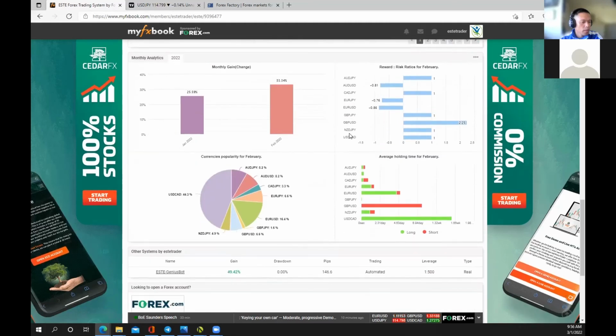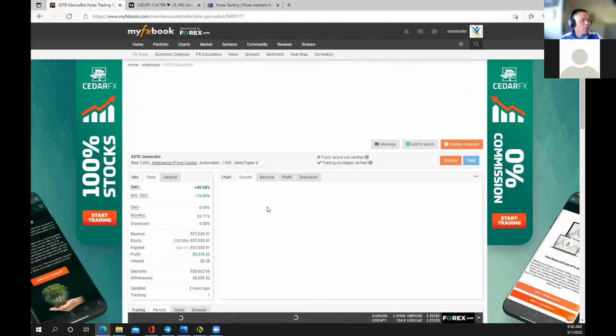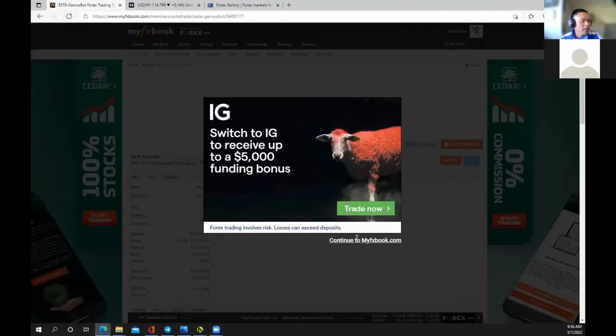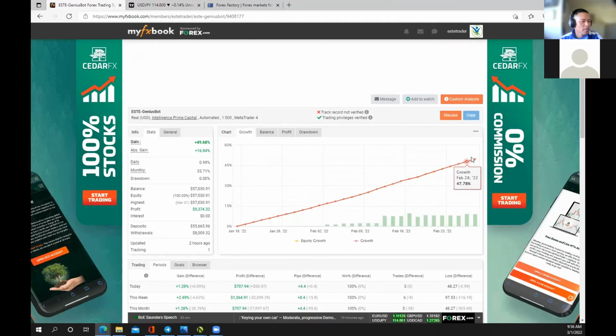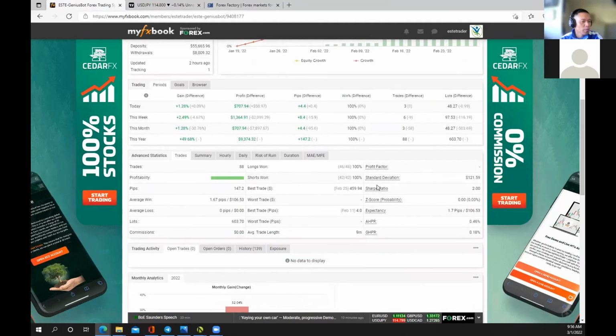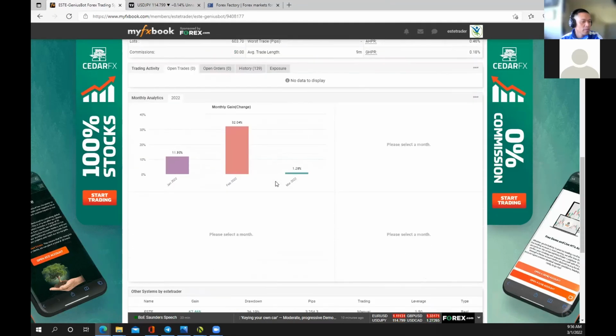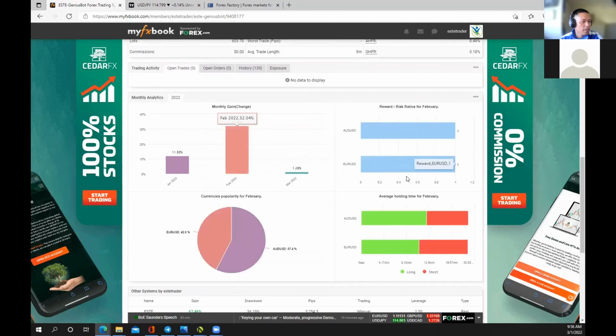Yeah, cool. And then, of course, we have the Genius bot, and the difference between manual trading and any form of automated trading is that it just chooses 1 or 2 pips, and hence it also doesn't have any losses. There are only 2 pairs basically traded, Aussie US dollar and the euro.